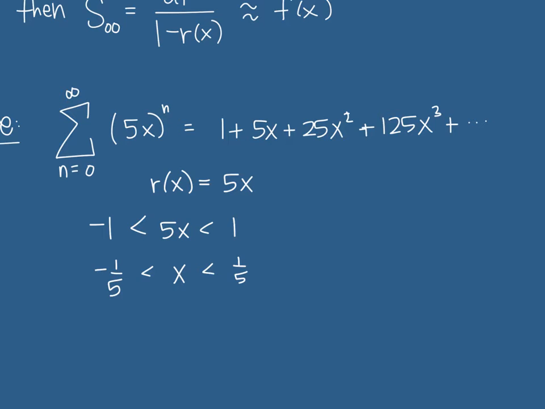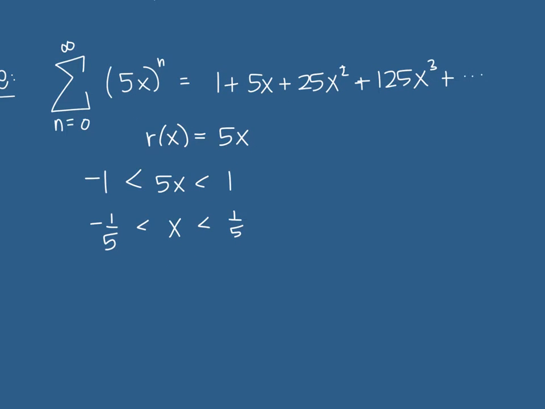If x is between that interval of convergence, then the infinite sum of this would be 1 over 1 minus 5x.